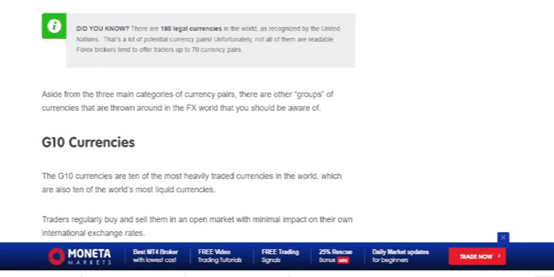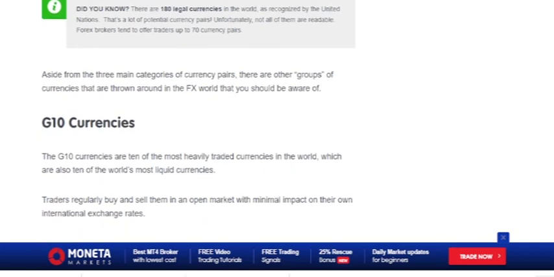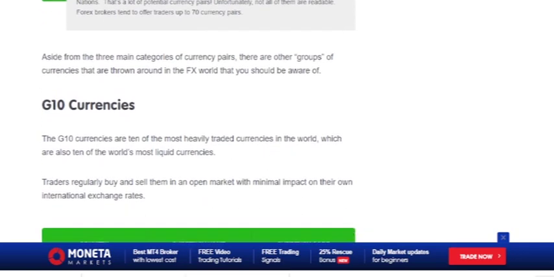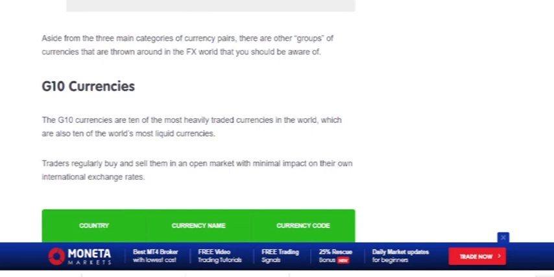Forex brokers tend to offer traders up to 70 currency pairs. Aside from the three main categories of currency pairs, there are other groups of currencies that are thrown around in the FX world that you should be aware of.